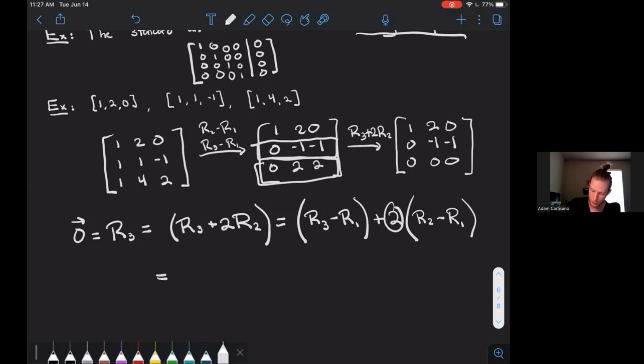Notice I kept the 2, so we're going to have to distribute. Let me distribute out and then recombine like terms. So we'll have row 3 minus row 1, plus 2 row 2 minus 2 row 1s, so minus 3 row 1s.